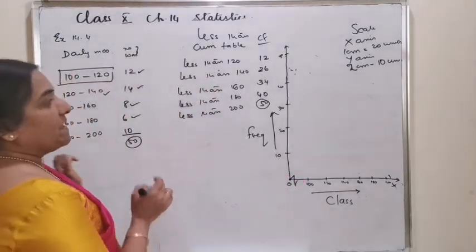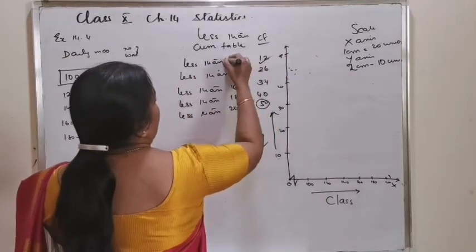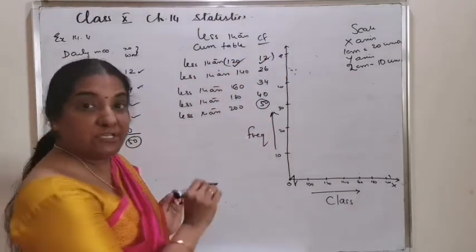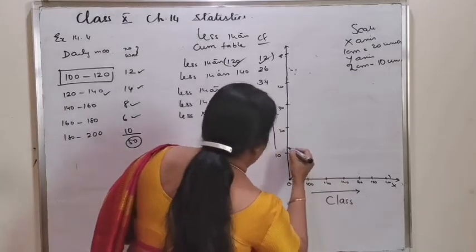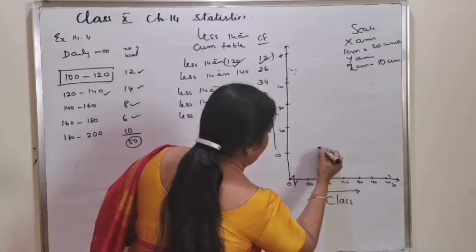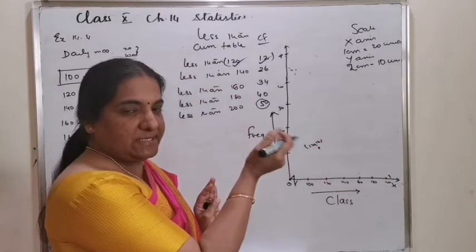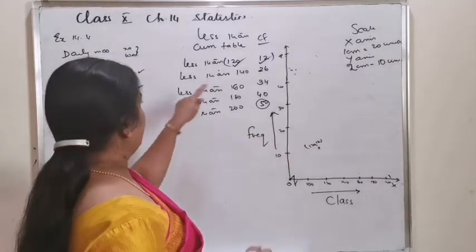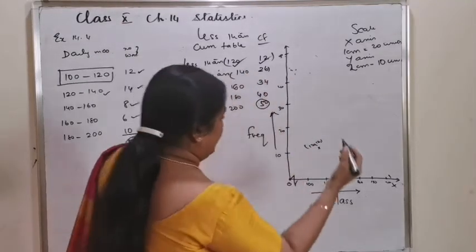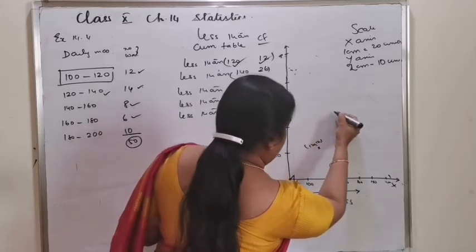Now how to plot: the upper limit 120 with 12 is the first point. My graph will be approximate because it is a freehand drawing. Then 140 and 26, upper limit 140 and approximately 26.